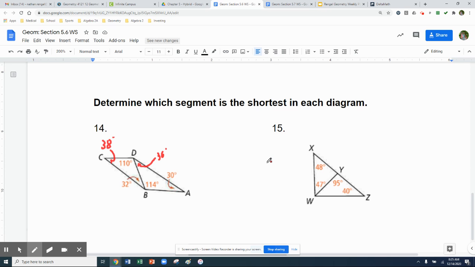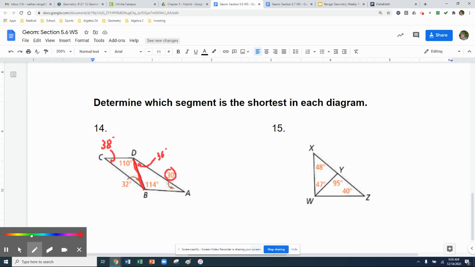Okay, so looking at our triangles, this angle right here, 30 degrees, is going to produce this side. So if I look at triangle ADB, this one I highlighted in red for sure is the shortest side.